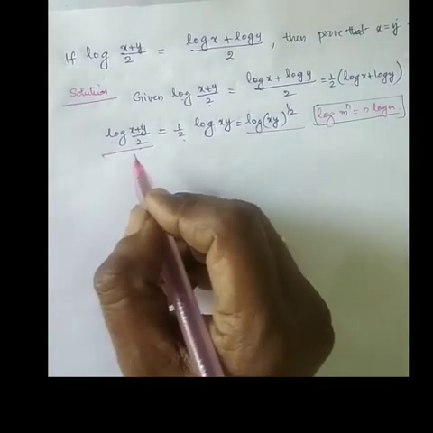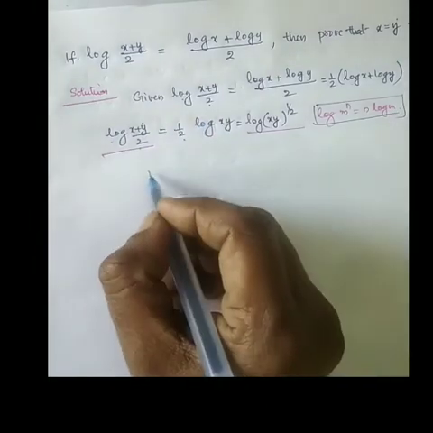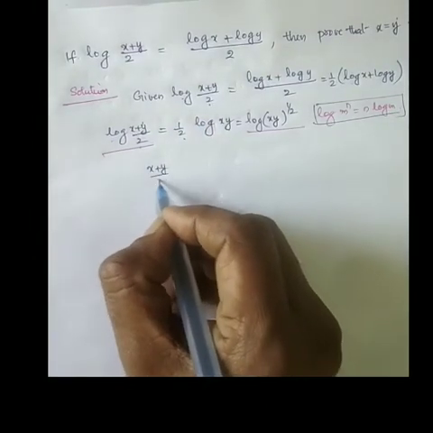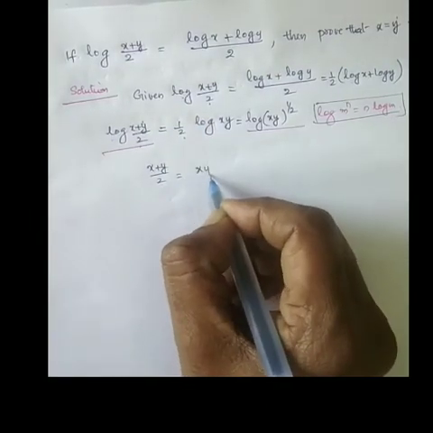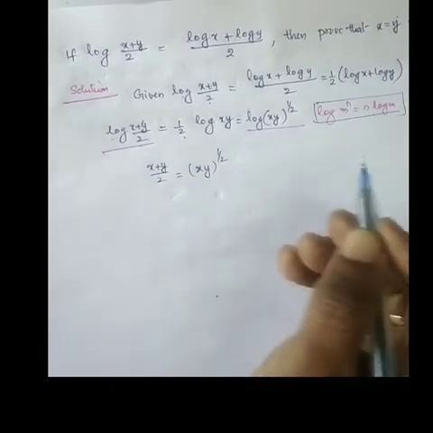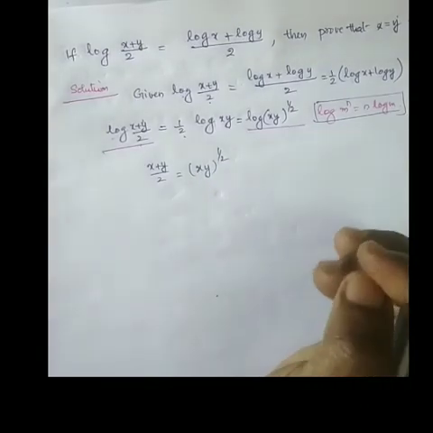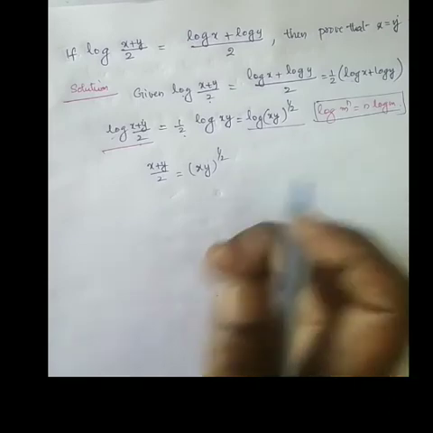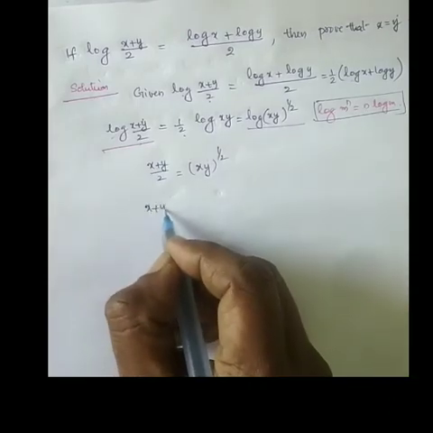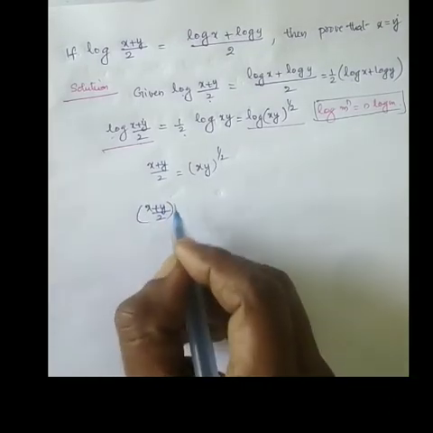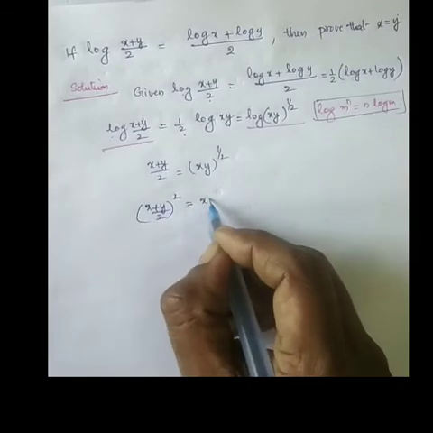From this, we can write (x plus y) by 2 equal to (xy) the whole raised to 1 by 2. And squaring both sides, we get ((x plus y) by 2) the whole square equal to xy.